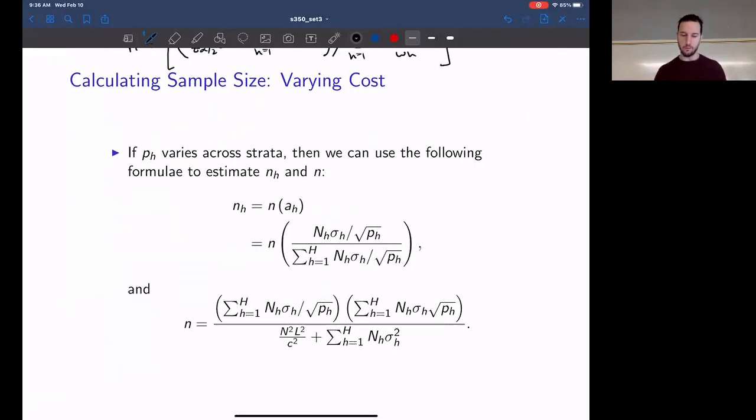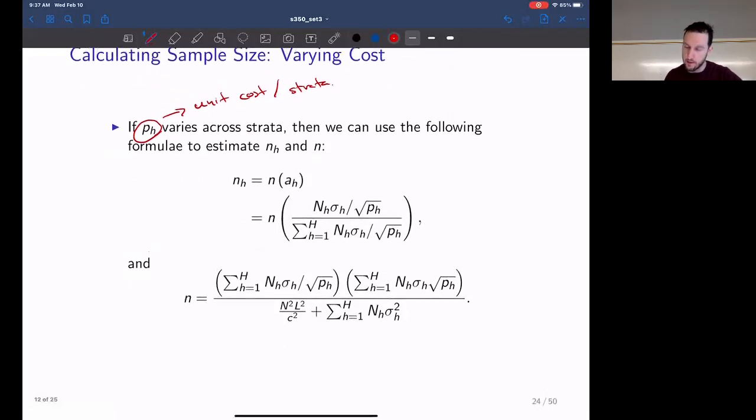Okay, so for example here, and there's different ways of doing this. If p_h varies across each of the different strata, and as a reminder here, p_h is the unit cost per strata, one way that we can figure out how many observations to collect within each strata is to use the allocation formula that's shown on slide 24.